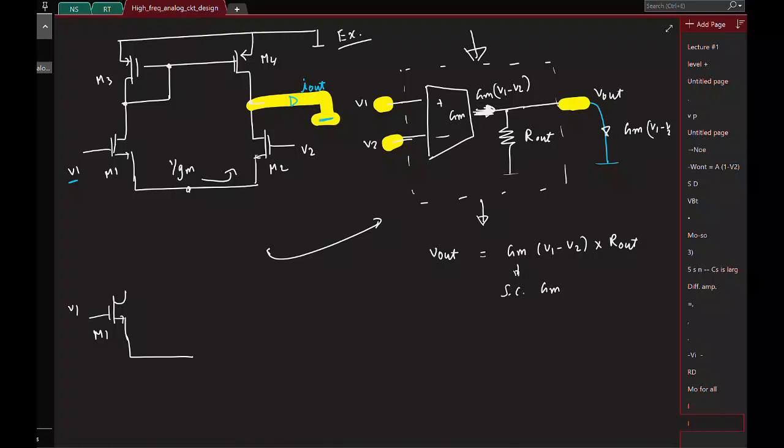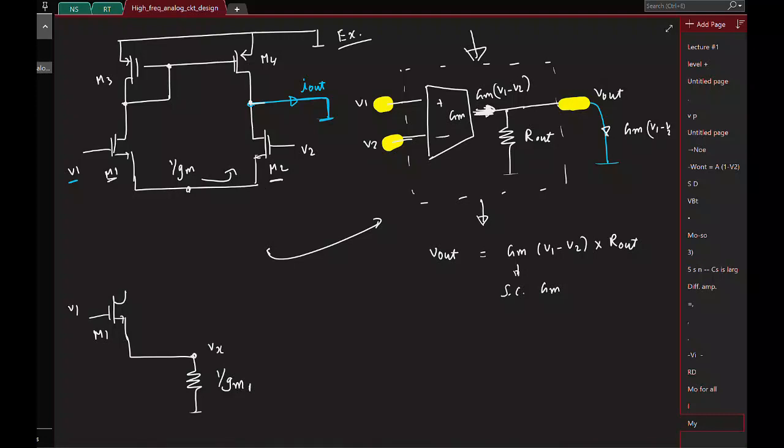As we saw in the last class, only if you have a very small resistance at the drain, then you can say that the impedance looking into the source is 1 over GM. So here I will replace it with 1 by GM2. And usually these two are identical transistors, M1 and M2, so this is also equal to GM1. So what will be this voltage now?